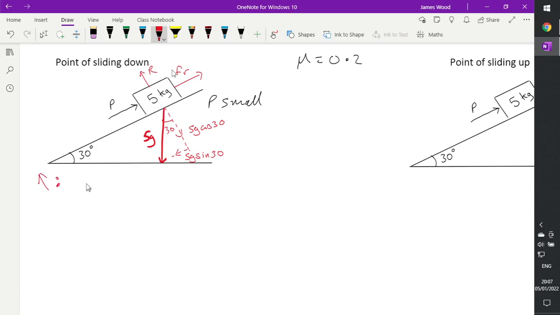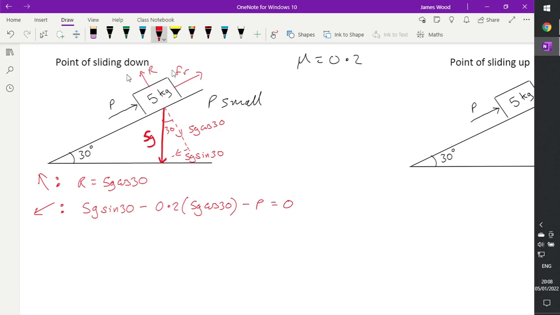Perpendicular to the slope, R must be equal to 5g cos 30. Now I'm going to resolve down the slope, just because it says on the point of sliding down. Resolving down the slope, we've got 5g sin 30 minus the friction, which is mu R, so 0.2 times R, which is 5g cos 30, and then minus P, because P is going up the slope, and that equals 0, because it's not accelerating, it's still in equilibrium.